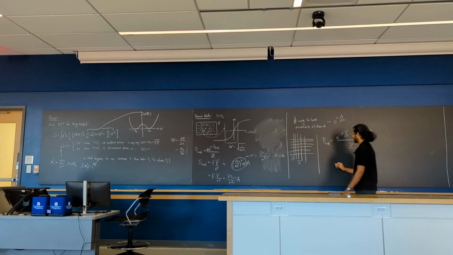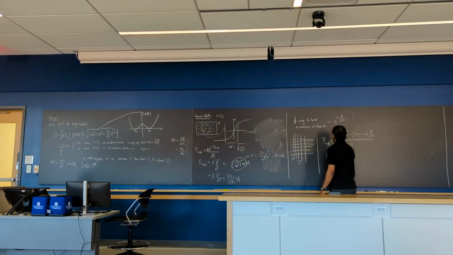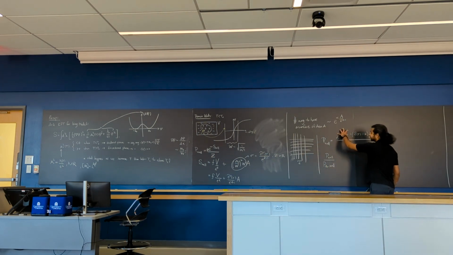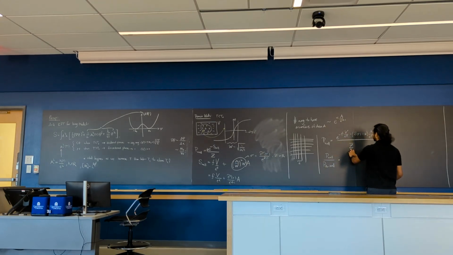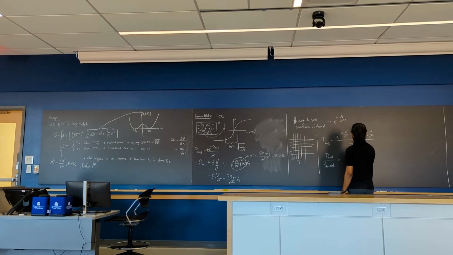So if we find the probability of having a wall divided by the probability of having no wall, so no wall is just this, we would have Z's cancelling, this bit cancelling, and we would get e to the minus sigma tilde of t minus alpha, A by epsilon to the d minus 1.